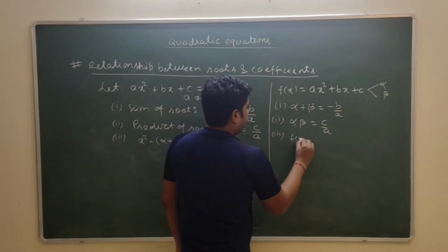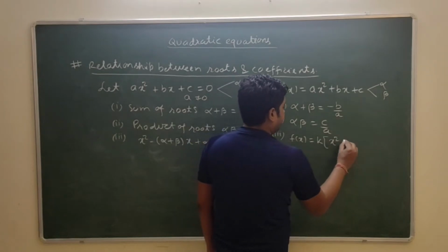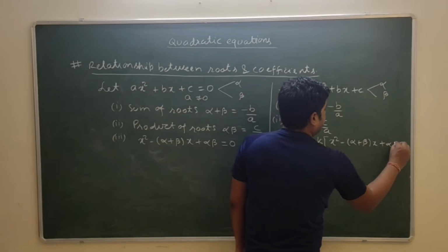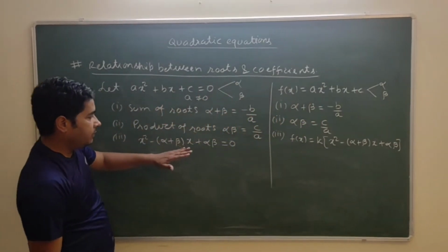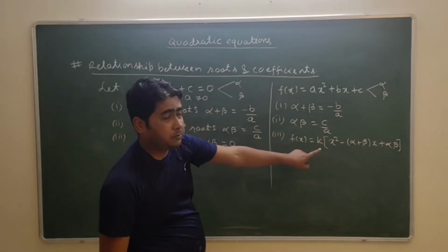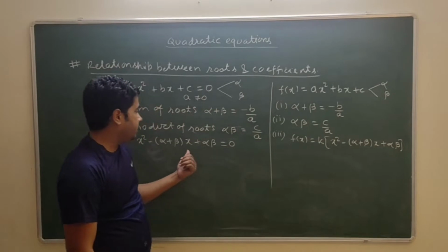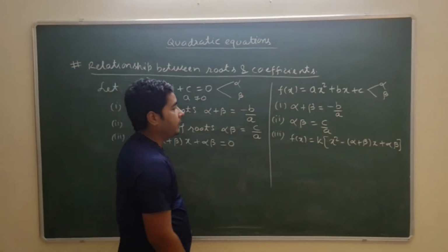To form the quadratic polynomial, you will use this formula, which is k times x square minus alpha plus beta into x plus alpha into beta. Now what is the difference between this and this? As this is a polynomial, it will be written in this form. And this is the equation, therefore we have written a zero, a constant, on the right hand side.